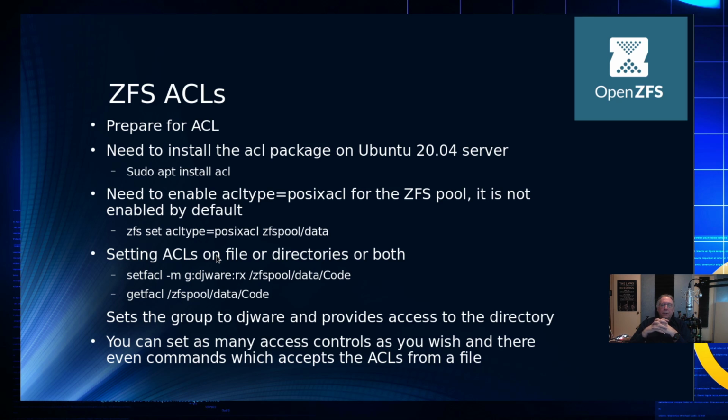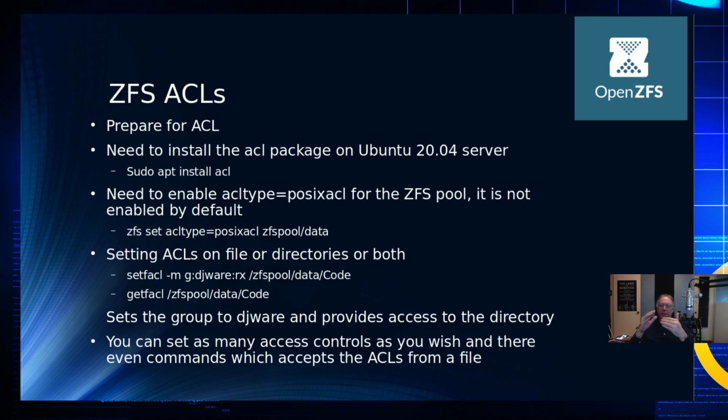So what do we need to do to prepare to use ACLs? Well, I need to install the ACL package from Ubuntu 20.04 server, which is what we'll be using today. You do that with apt install acl. You also need to enable the option in the ZFS pool or the ZFS dataset, wherever you're going to provide it.